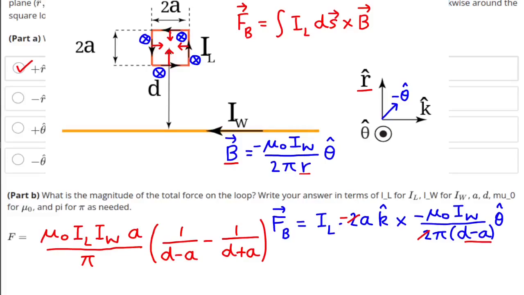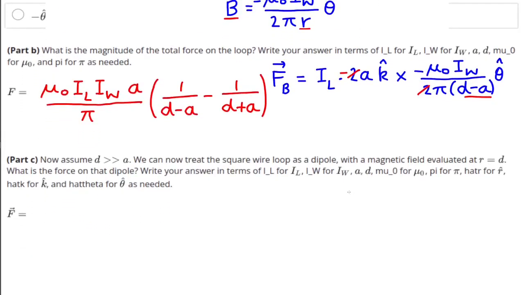Now let's go to part C, where we assume that the distance from the wire to the center of the loop is much larger than half of the length of the edges of the square loop, so we can treat the square loop as a dipole with the magnetic field evaluated at R equals D. So what is the force on a dipole?